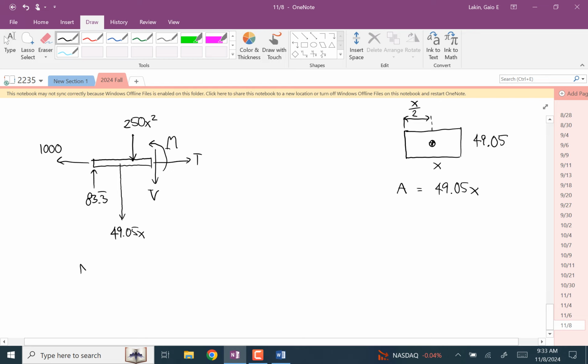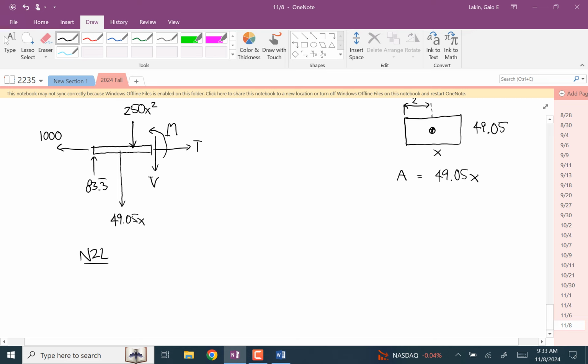And now we can go Newton's second law. So I'll combine these two forces on the left: negative 1,000, positive 83.3 repeating, plus... remember that the arrow is the unit vector and the expression is what you're multiplying by that unit vector.